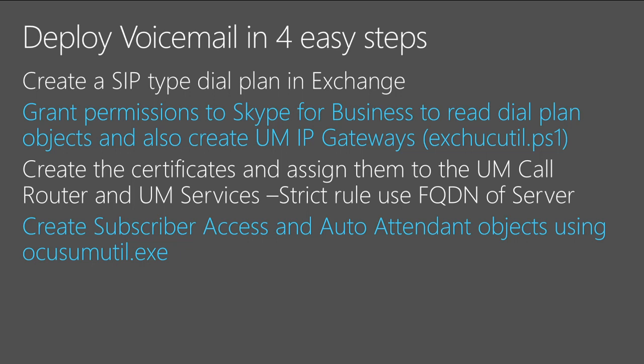But there's a tool we have in Exchange that allows us to automatically configure the rest of the components, once you've created the gateway objects. So telling Exchange where to route calls to in the event that you have an outbound call scenario like play on phone. Exchange needs to know about the Skype for Business server environment. It gives the Skype for Business system the permissions to read the dial plan properties on the user accounts to determine what dial plan they're connected with.